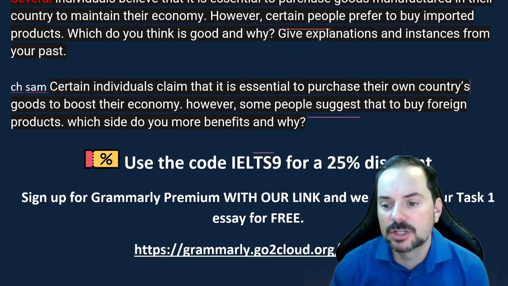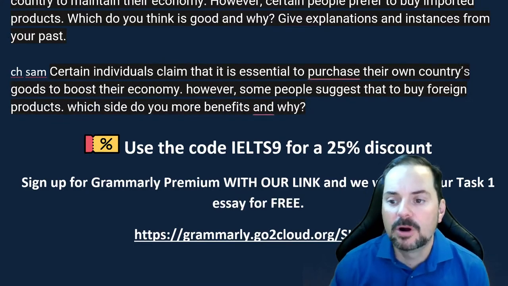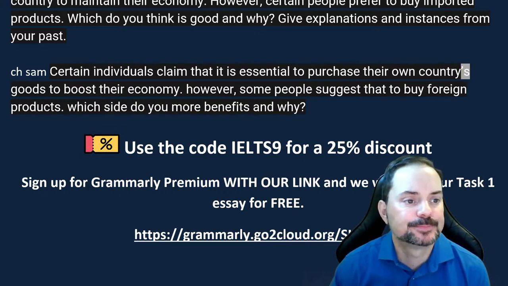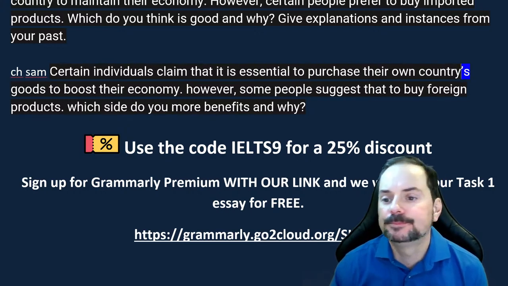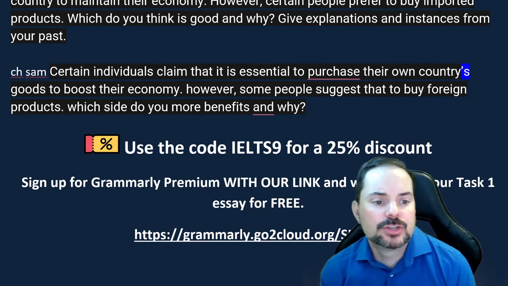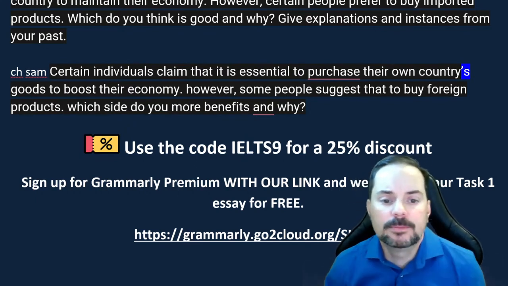Chasam, show possession with the apostrophe s. Okay? When you need to show possession, show possession. So, to purchase their own country's goods to boost their economy.